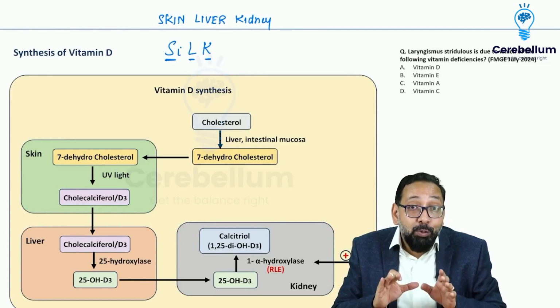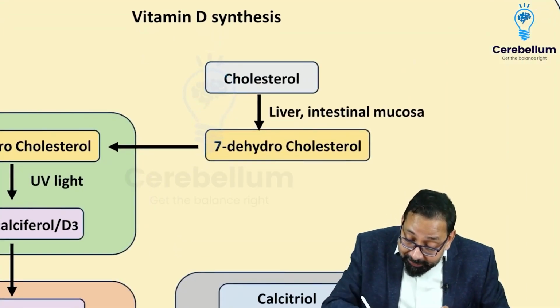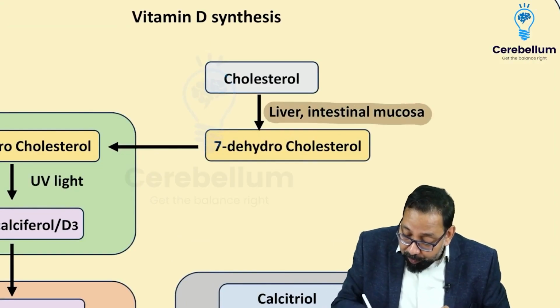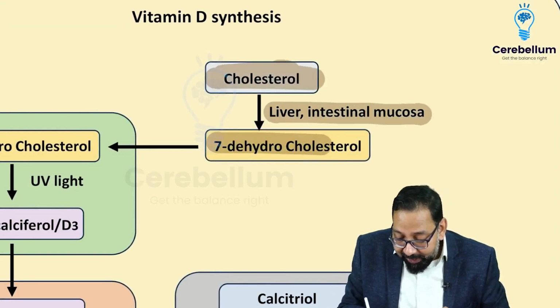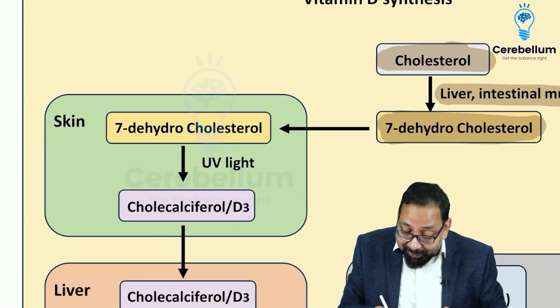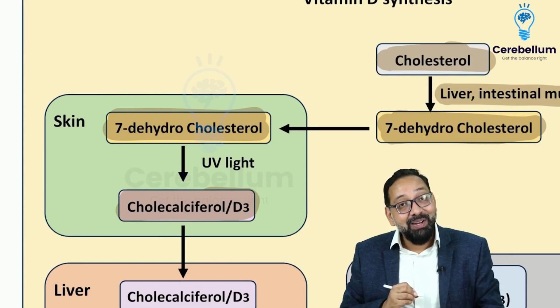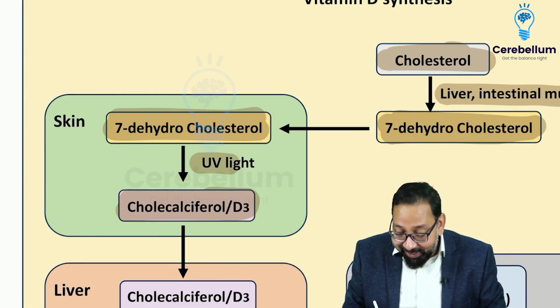Vitamin D is also called sunshine vitamin. So, in liver and intestinal mucosa, cholesterol is converted to 7-dehydrocholesterol. This 7-dehydrocholesterol in skin is converted to cholecalciferol, that is vitamin D3, by ultraviolet rays.